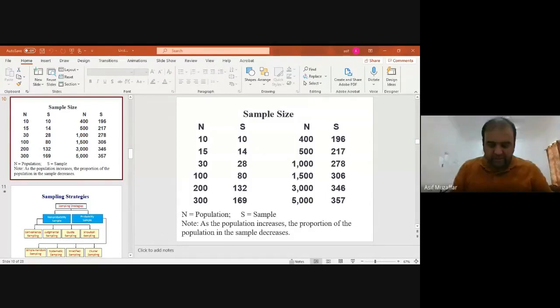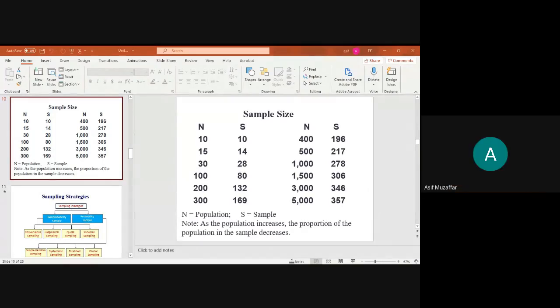Okay, so let us take another example. Impact of social media on Omani culture. First of all, can you tell me the population size? The number of people who use social media.